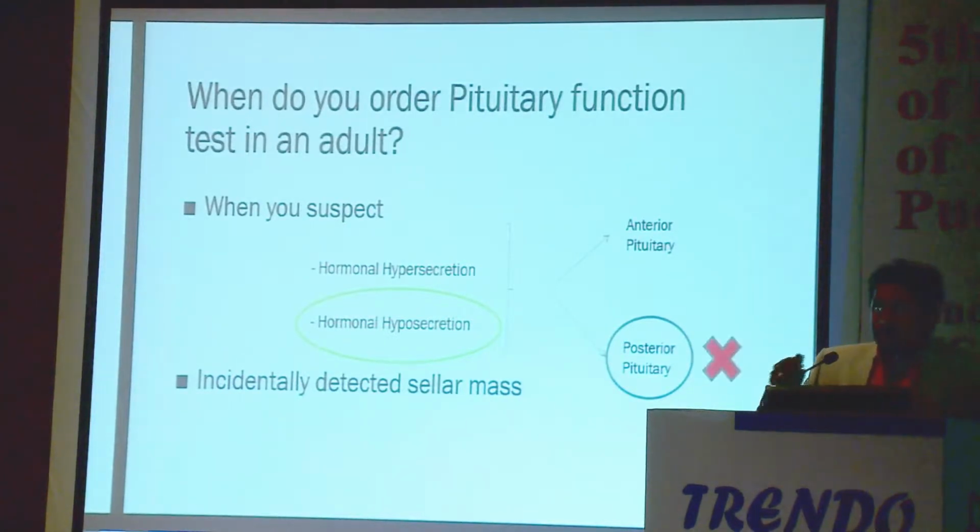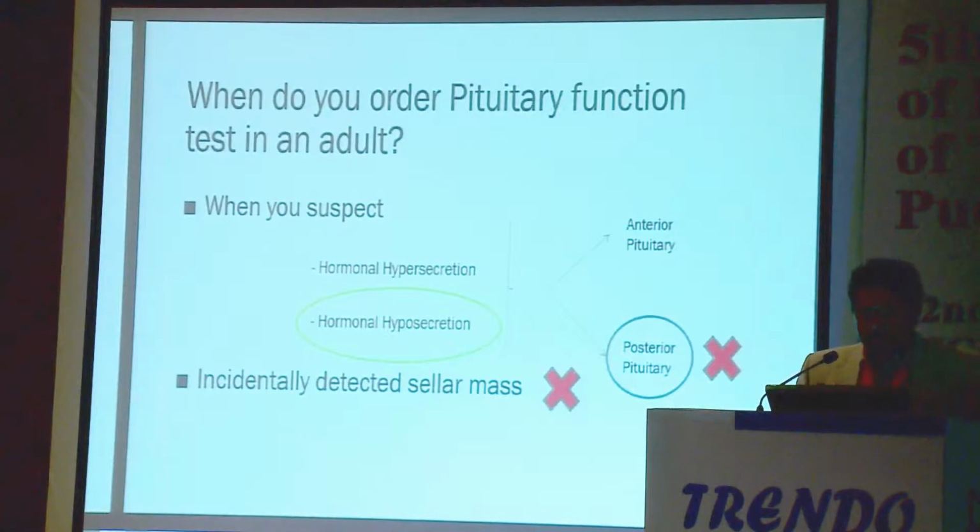The posterior pituitary part was mostly dealt with by Dr. Murli in the previous talk, so I will not touch upon that. Incidentally detected sellar mass, or the pituitary incidentaloma, is already covered by Dr. Satish, so I'll again not go into detail of that. So what I'm left with is mostly dealing with how to investigate, or what are the pituitary function tests you do when you have hormone hyposecretion in the pituitary.